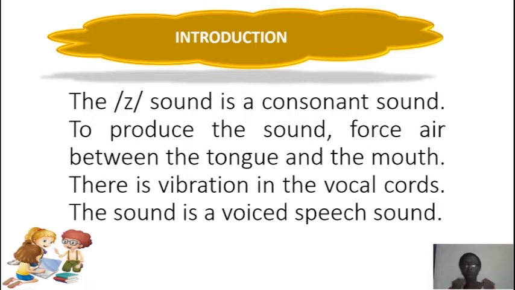Because of the production of this sound, there is vibration in the vocal cords, and the sound is a voiced speech sound. So when you make the sound and place your hand at your throat, you will feel the vibration. So it's a voiced consonant sound.